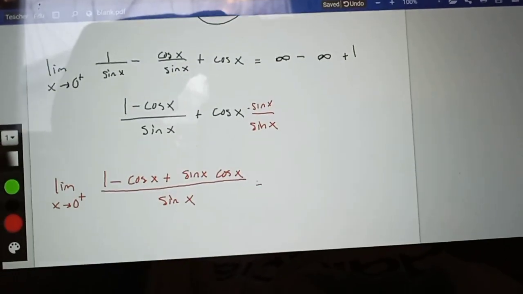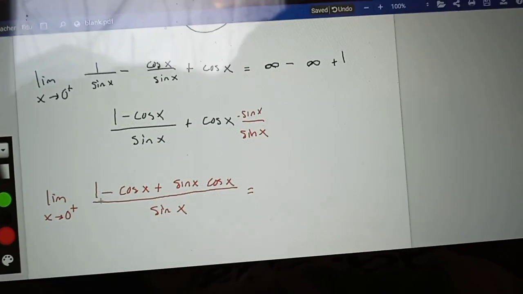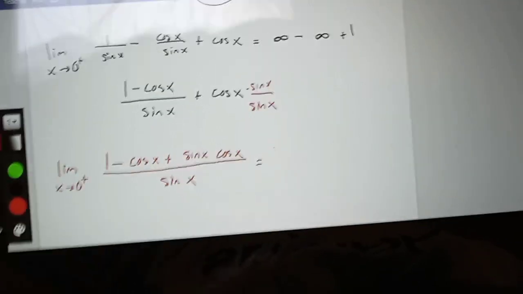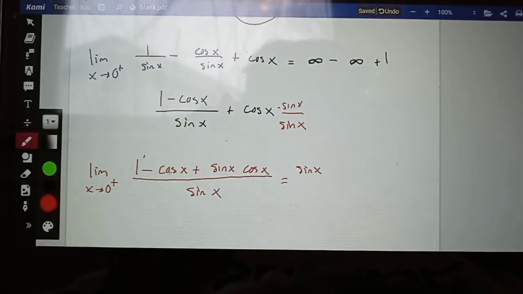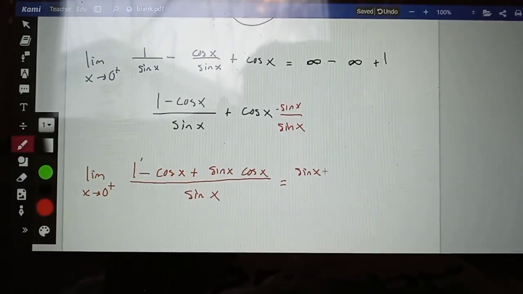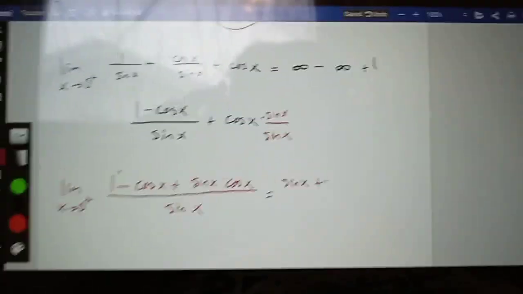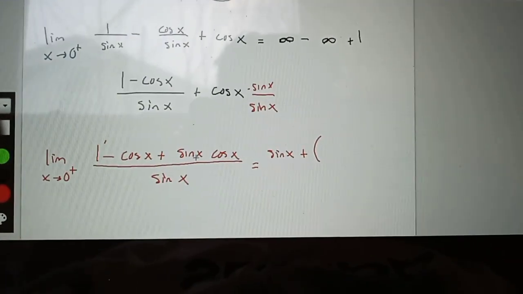Now we have to take the derivative, which sucks. So this would be sine of x, because this is just 0. The derivative of negative cosine of x would be positive sine of x, plus, and then we have to do the product rule.